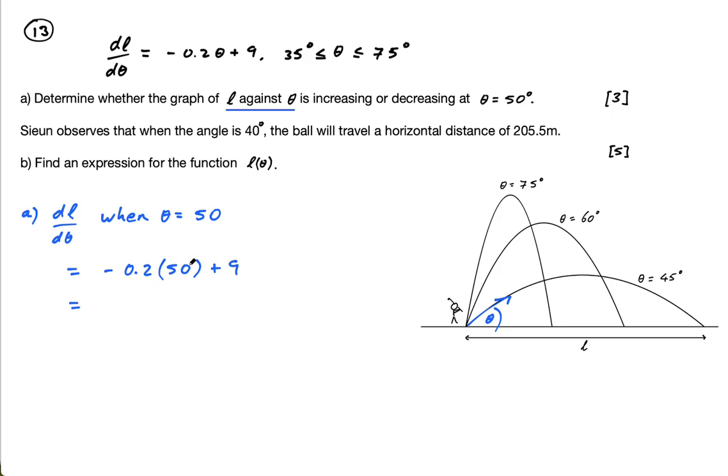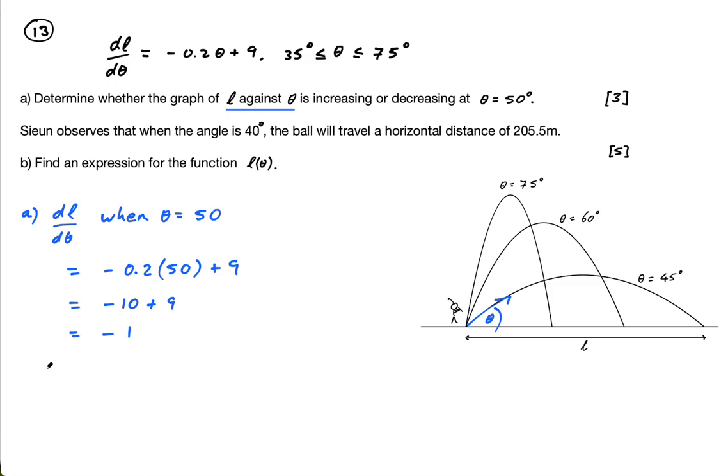Now, what's 0.2 times 50? Well, it's 10. You can do that in your calculator, but trust me, it's 10, because 0.2 is a fifth, and a fifth times 50 is 10. So it's negative 10 plus 9, which is negative 1. So the derivative when theta equals 50 is minus 1, which means it's negative.